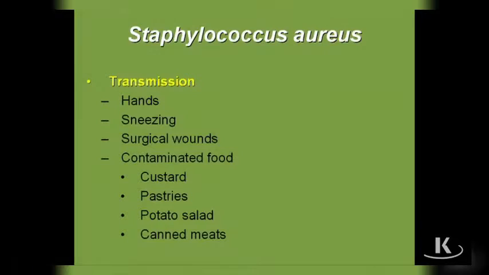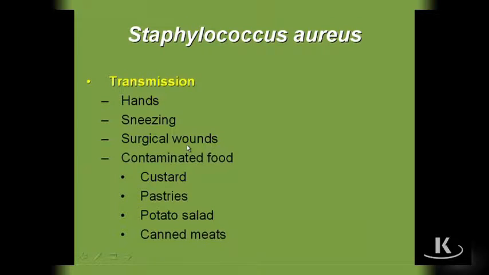So hand washing is important. Sneezing. It's in the nose. I say, achoo, and I spray you like you're in a splash zone at SeaWorld, and you all get wet. Then you can get Staph aureus then. Surgical wounds. Yeah, surgical wounds, but where do you think that comes from? The skin or the hands, all right?